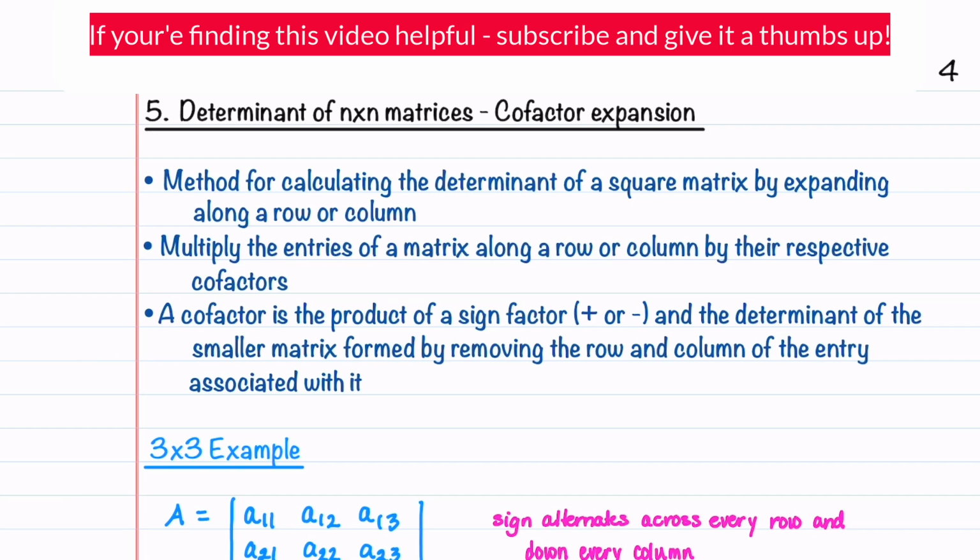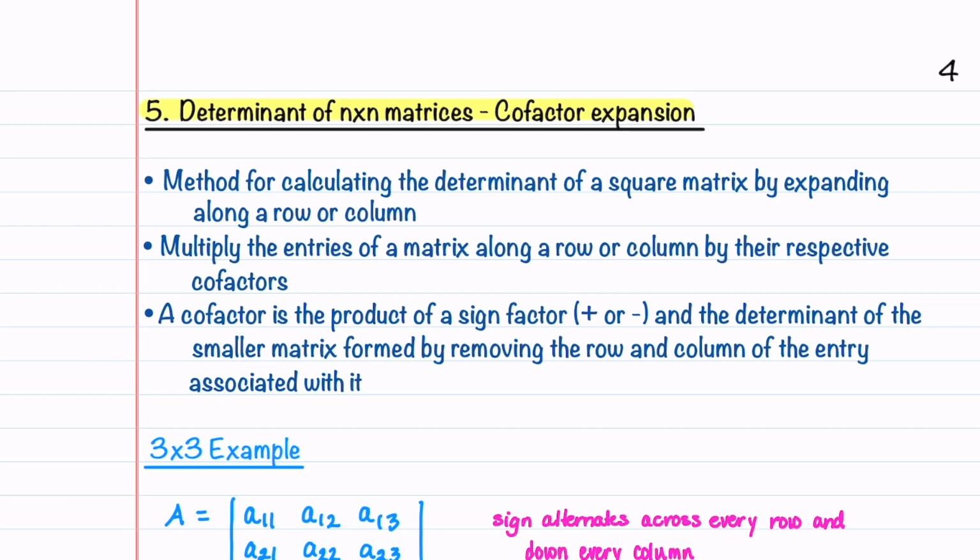Now that we have a general sense of how cofactor expansion works, I'll show you the formula for computing the determinant of an n by n matrix using cofactor expansion. When we use cofactor expansion to calculate the determinant of a square matrix, we can expand along any row or down any column.